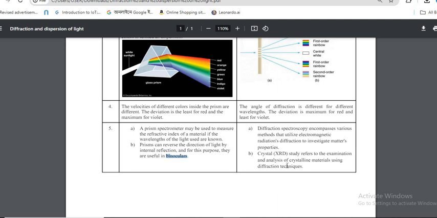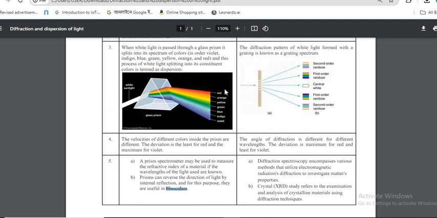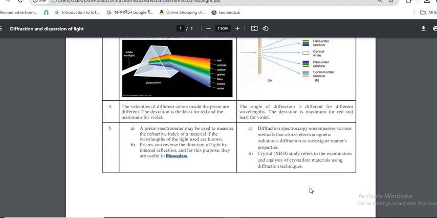Another one is the crystal study, sometimes called the XRD study. If you have a crystal medium, the crystalline material acts as a diffraction grating. When light passes through this, normally we use X-rays, you will get a pattern. If you have the pattern, one can analyze it and get an idea about the particular material.